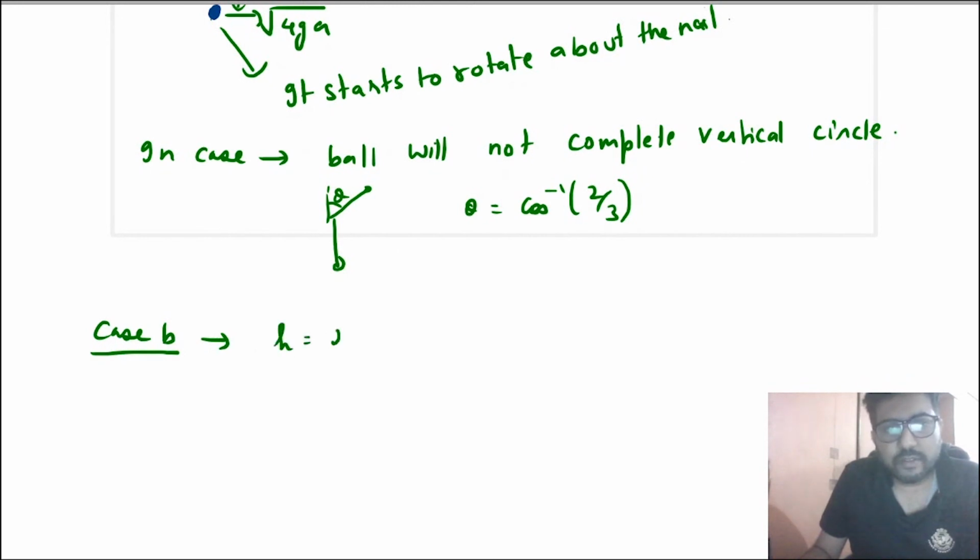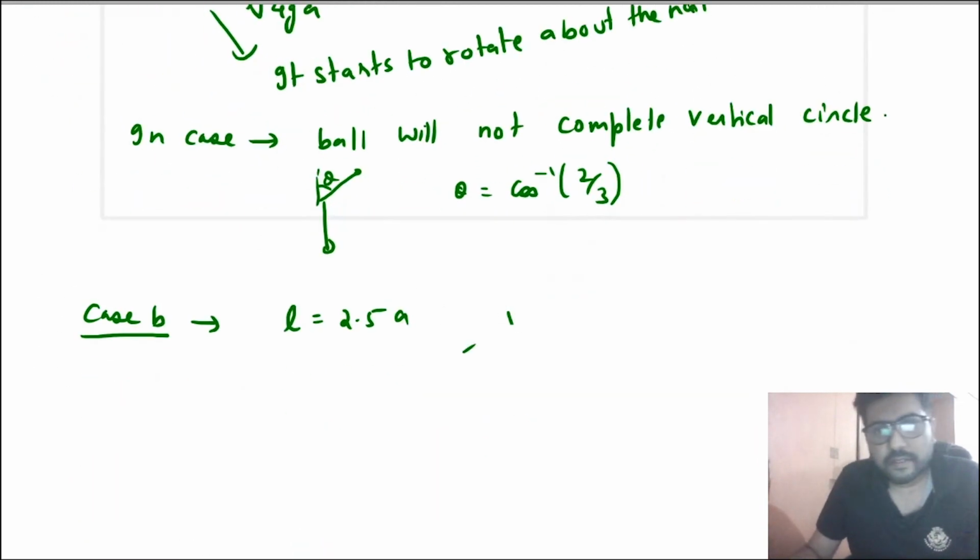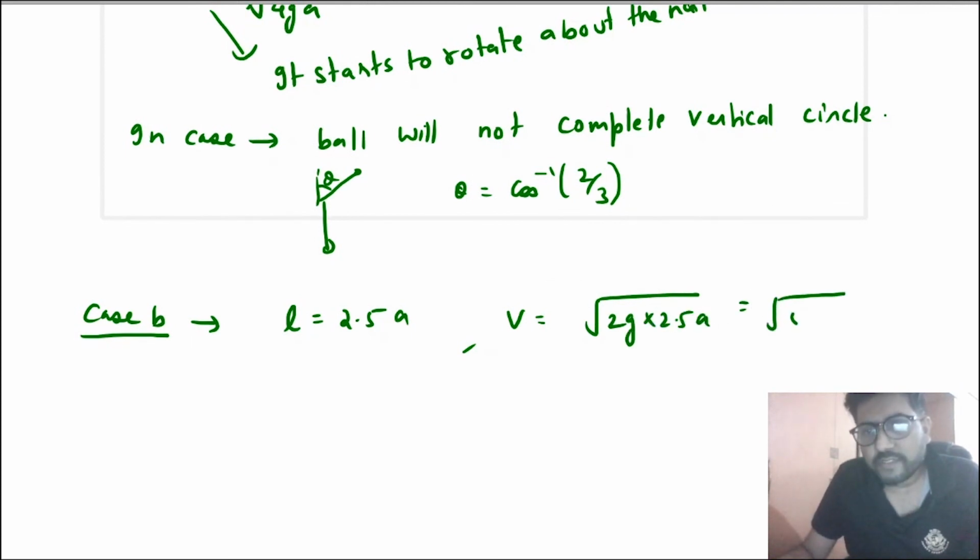For case B, L is equal to 2.5a. In that case, when it reaches the bottom, the speed becomes root 2gl, that is root 2g into 2.5a, that is root 5ga.